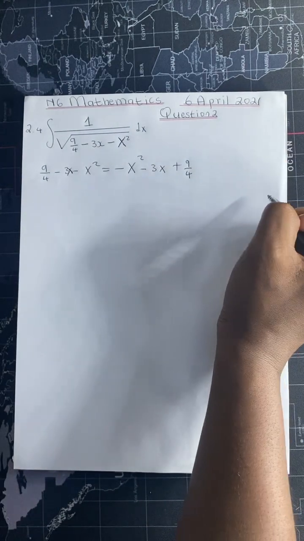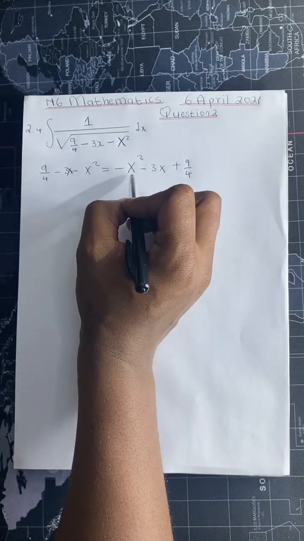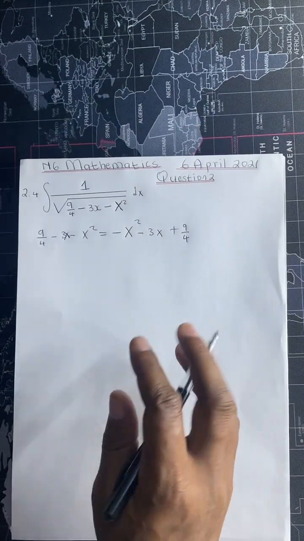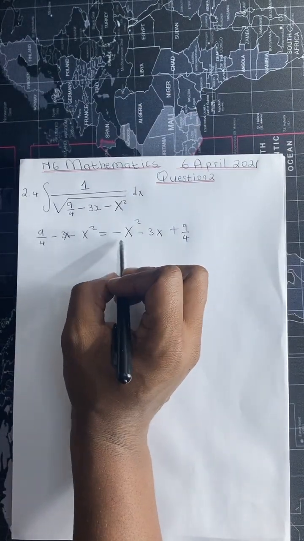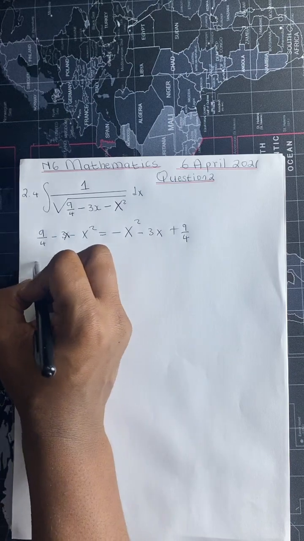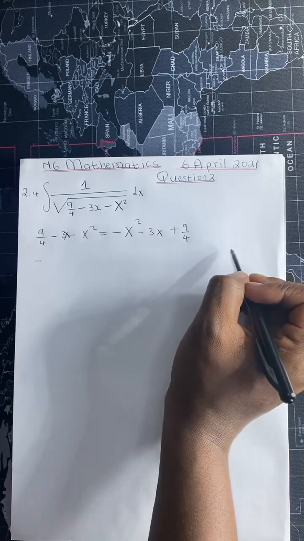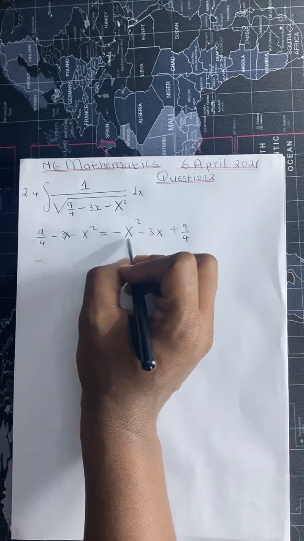In order for us to complete the square, we have to make sure that the coefficient of x squared is positive 1, and in this case it's negative 1. So we can't divide through by negative 1 so that we can have a positive x squared.